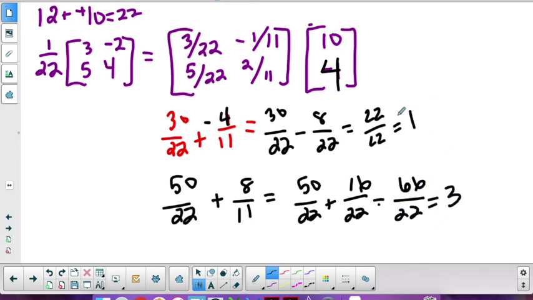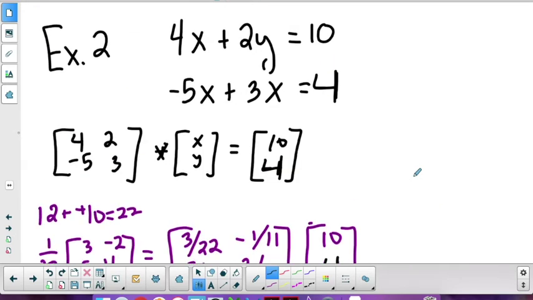And the original answers that I came up with were 1 and 3. So go back, check them, just to make sure they do work. 4 times 1 is 4, plus 2 times 3 is 6, so that does equal 10. And negative 5 times 1 is negative 5, plus 3 times 3 is 9, does equal 4. So it does actually work.